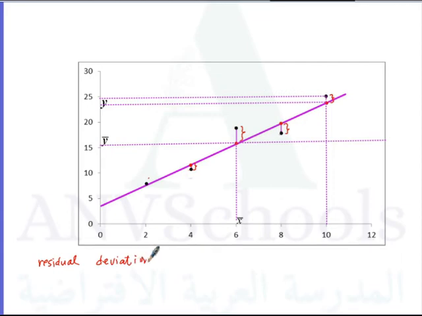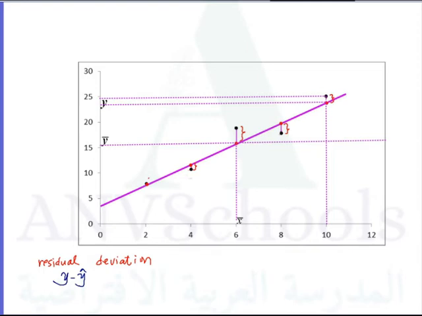As we have introduced, the residual in terms of algebra or variables is y minus y hat. If y hat is the value of y for a point on the line, so this is our line, and these points here are the y hats, then the residual deviation becomes y minus y hat.